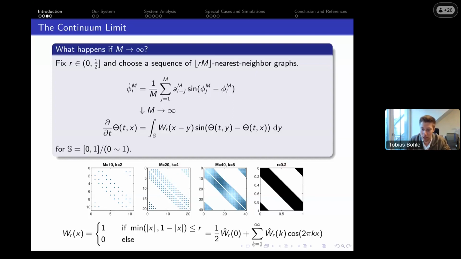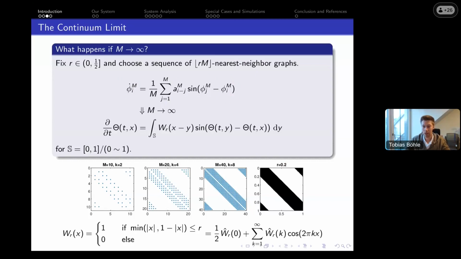So on each of these graphs, you have your own Kuramoto model, which is this one here. And I have added an additional index m everywhere here to make clear that it in fact depends on m. Then you can send m to infinity.